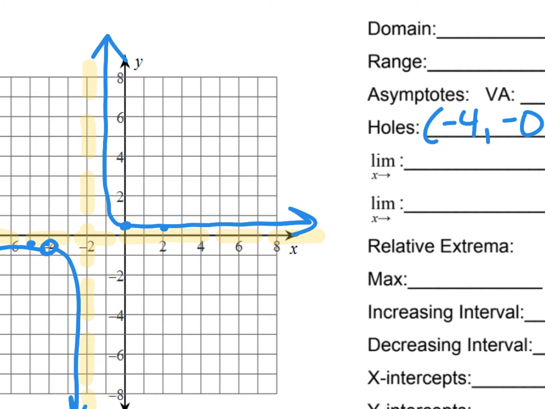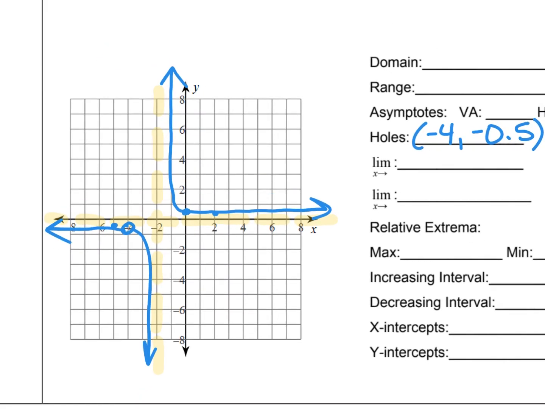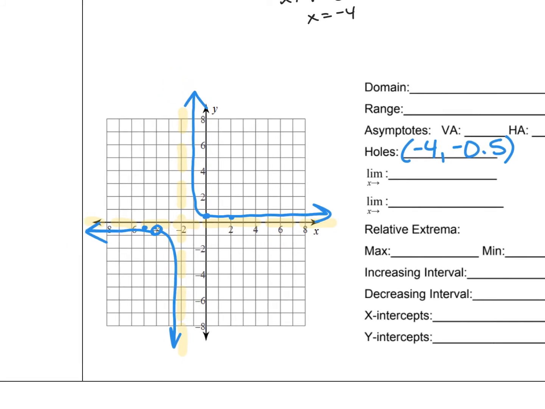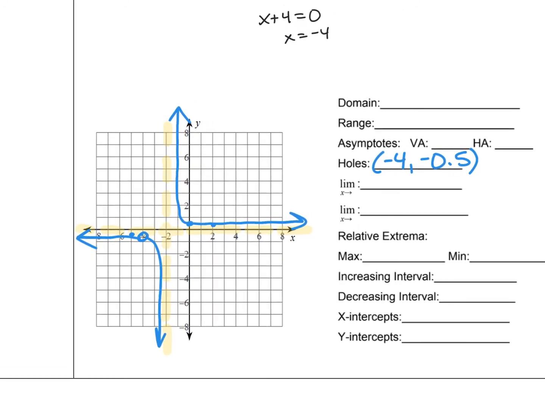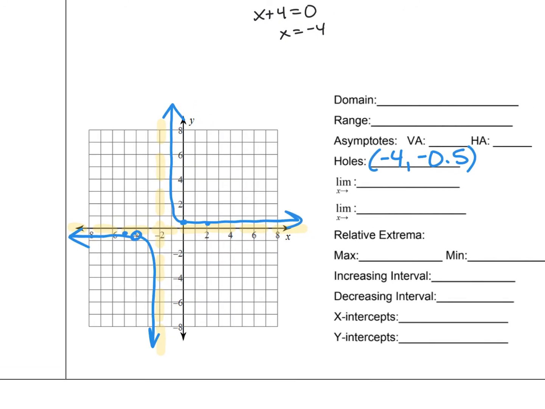Questions on that? Anybody not get this? Okay, cool. Now we'll start with the domain. From the left to the right, where are we starting? We always start with negative infinity, and then we have to pay attention to whether we come to the hole first or the wall first. The hole, and what x value is that?